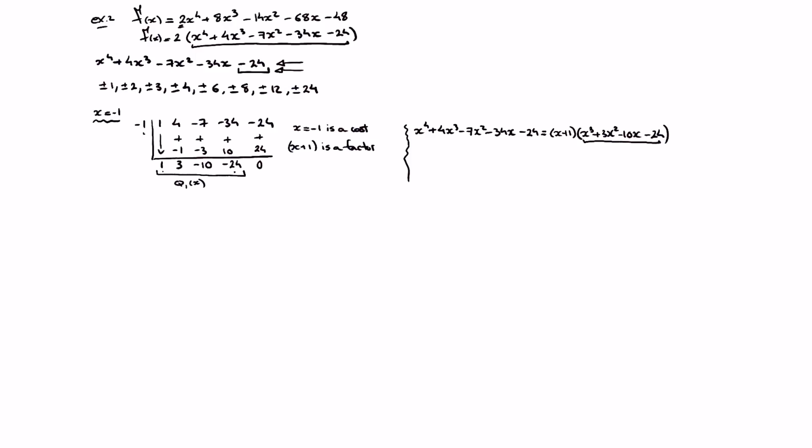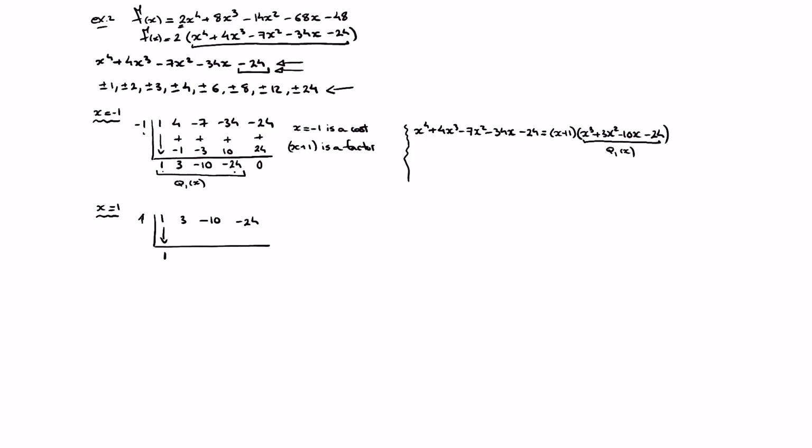So let's go ahead. We'll carry on with our list of factors, and the next factor will be 1. So our polynomial function, q1 of x, has coefficients 1, 3, -10, and -24. And we start by evaluating this at x equals 1.